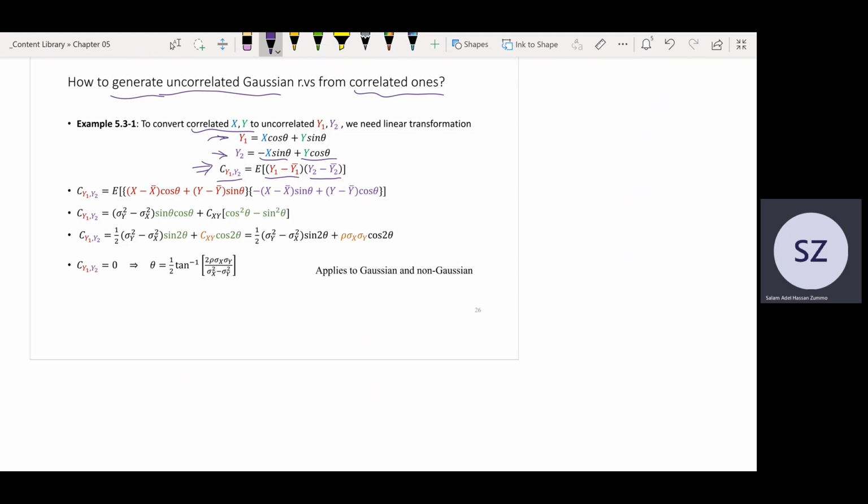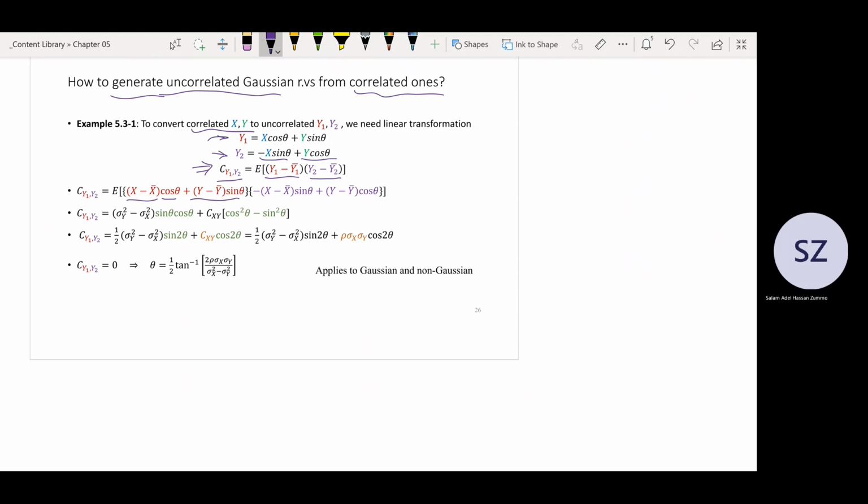So let's find out the covariance. The covariance is Y1 minus Y1 bar multiplied by Y2 minus Y2 bar. Y1 minus Y1 bar is X minus X bar cosine theta plus Y minus Y bar sine theta.